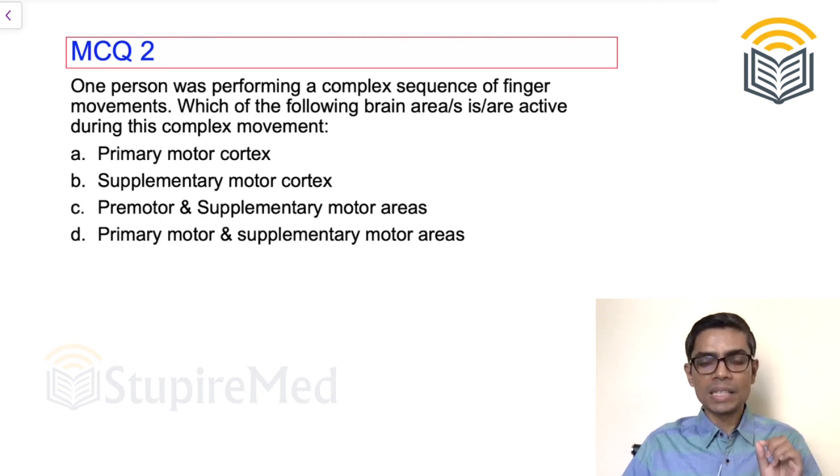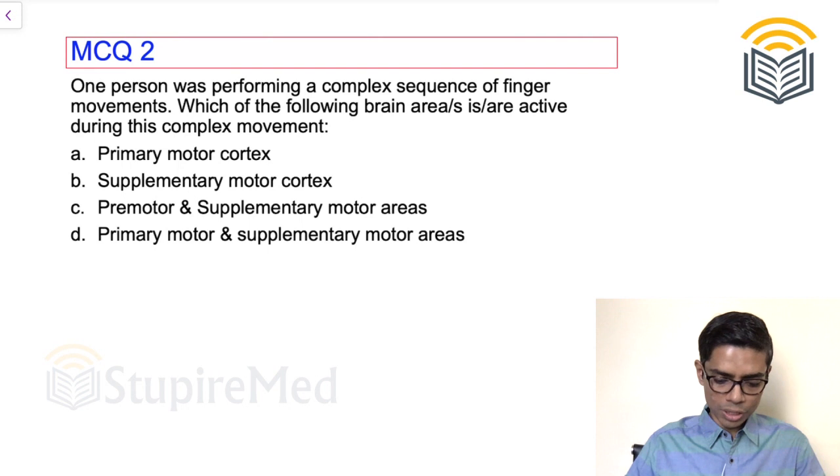But whenever you are actually performing the movement, obviously your motor cortex has to work, otherwise the muscle movement will not be there. But along with that, you require the supplementary motor cortex. So the supplementary motor cortex is for complex sequential movement and second, for bilateral coordinated movement.